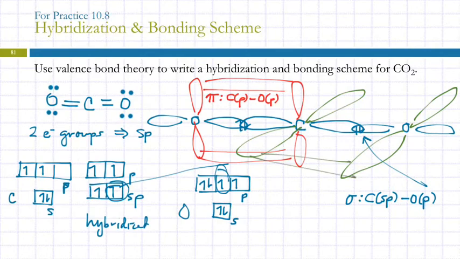And so these are going to overlap in front and behind. And those are also pi bonds on the carbon p and on the oxygen p. Any questions?